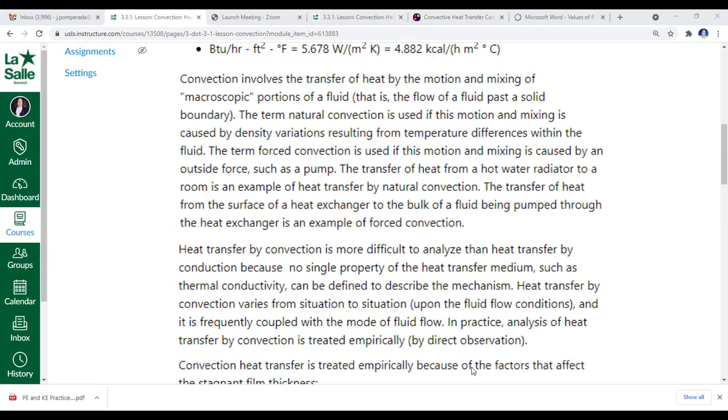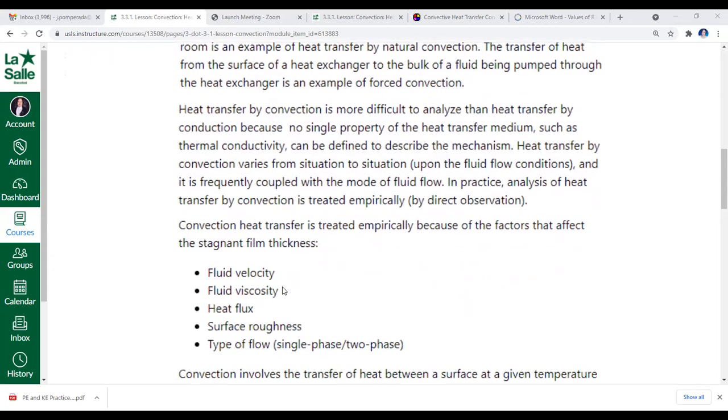So here, we'll be using again those formulas that you have encountered in testing which flow regime your fluid is classified in. Now, convection heat transfer is treated empirically because of the factors that affect the stagnant film thickness. Among these factors, there are five indicated here. We have the fluid velocity, the fluid viscosity, and when we speak of viscosity, it could be the viscosity near the wall, or it could even be the viscosity of the bulk fluid itself.